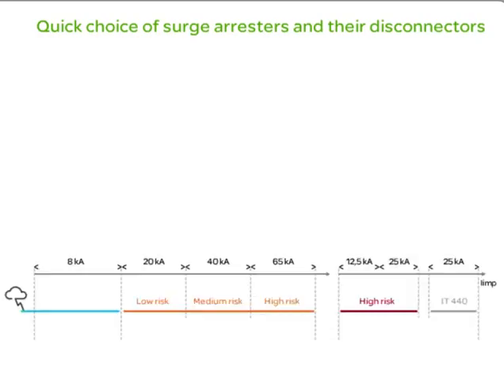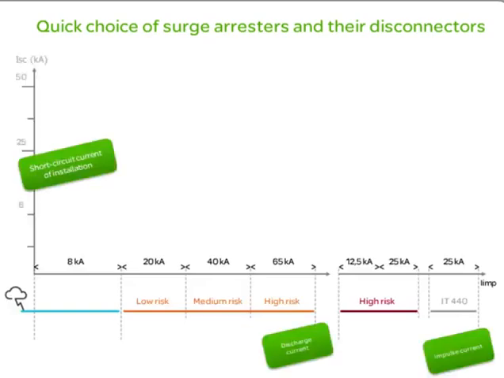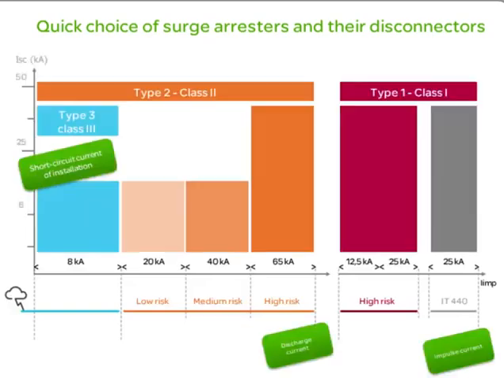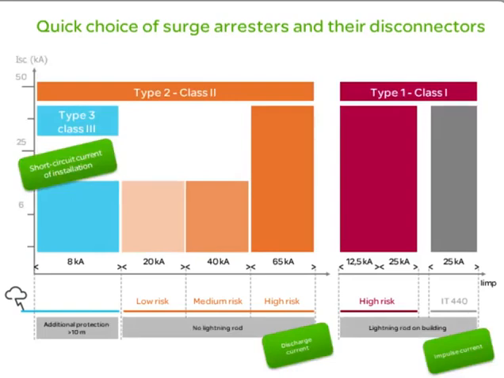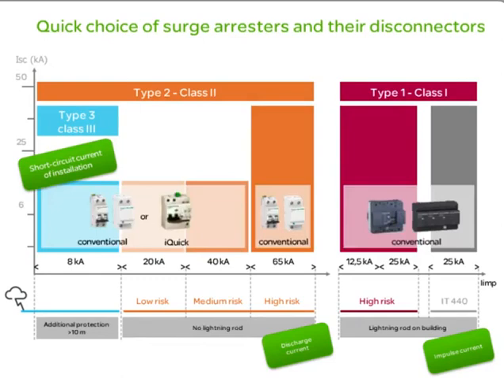The panorama shows us which surge arrestor and which circuit breaker to choose, according to two criteria: estimated risk of lightning according to the geographic location of the building to be protected, and short circuit value at each surge arrestor location. All that's left is to choose between an iQuick version and a conventional version.